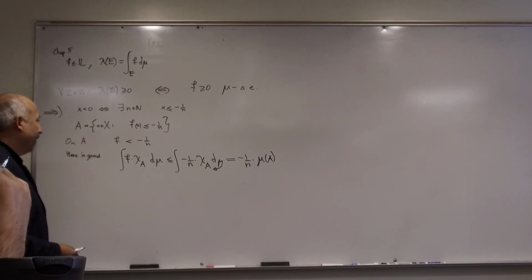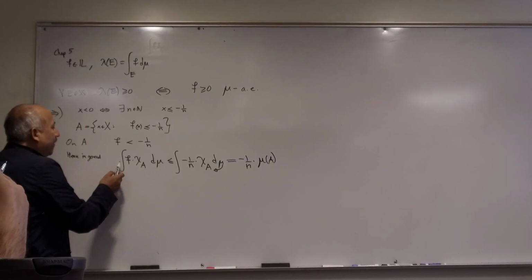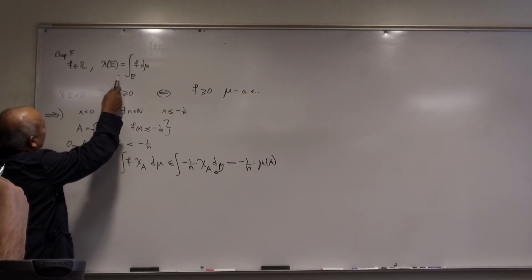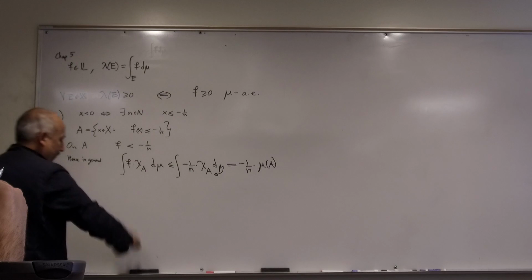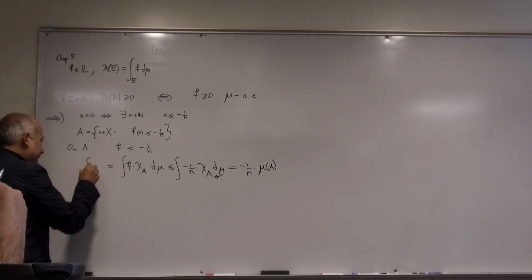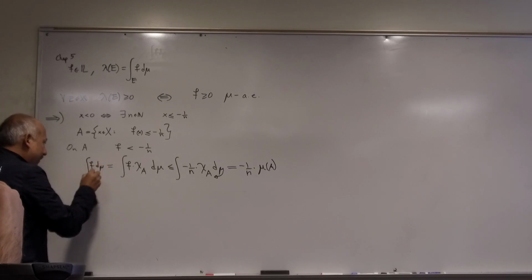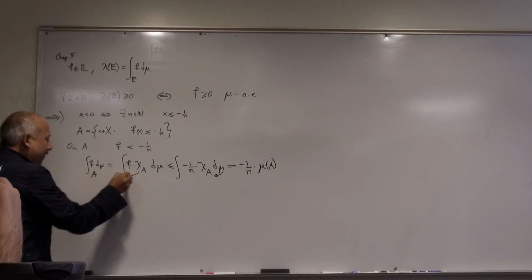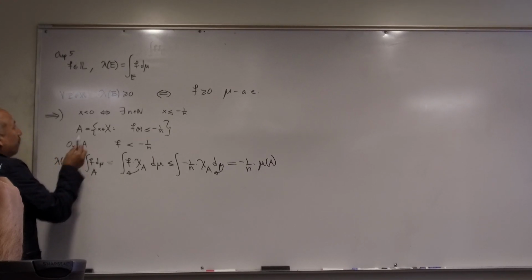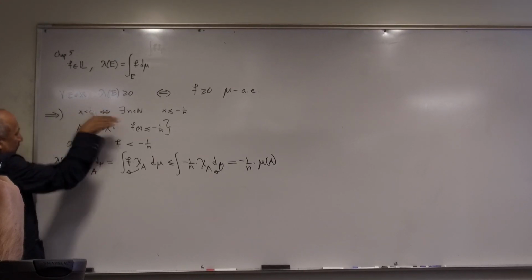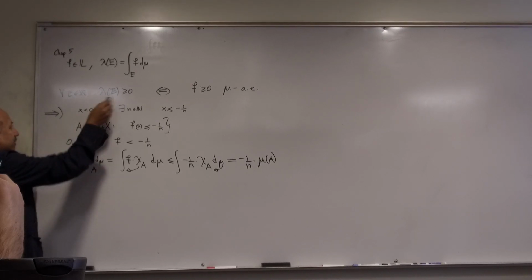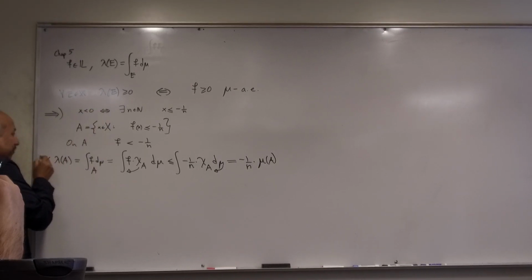By the way, this integral is the integral of f d mu on A, which is the same as lambda of A. But I'm going in this direction, so I'm using this as my hypothesis: lambda of A is greater than or equal to 0.